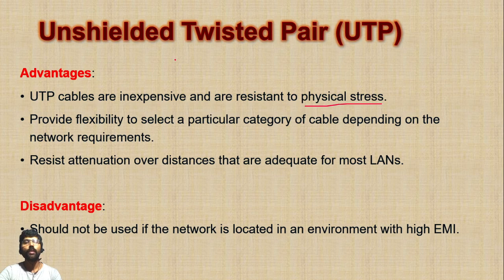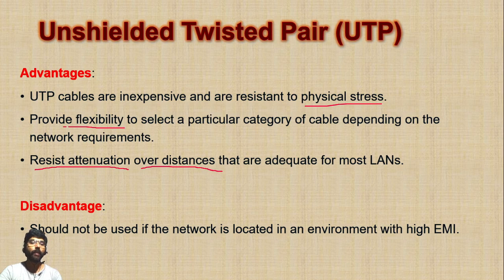UTP also provides flexibility to select a particular category of cable depending on network requirements. One more advantage is resistance to attenuation. If you want to send data over a longer distance, you can easily send it over UTP.